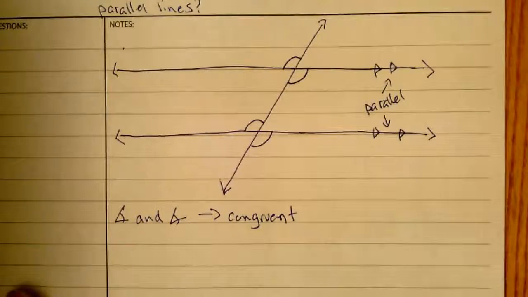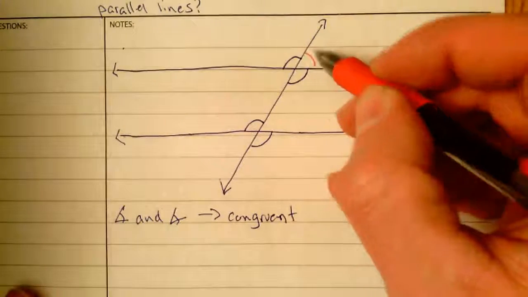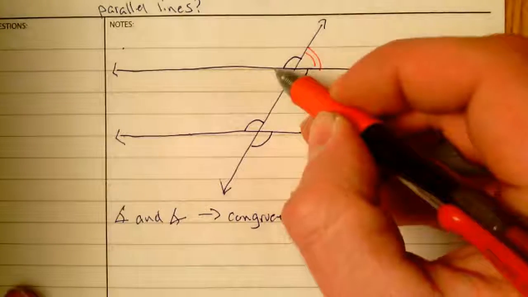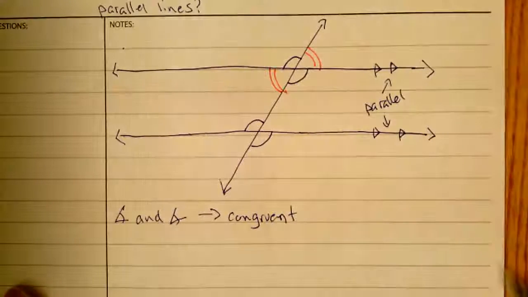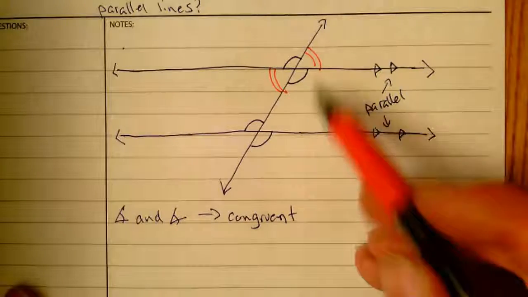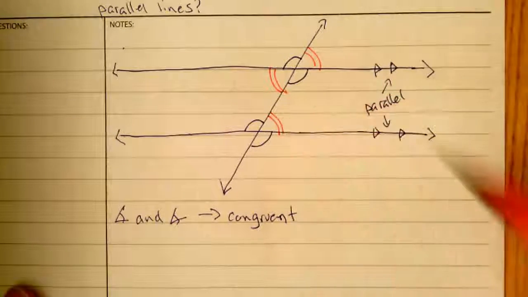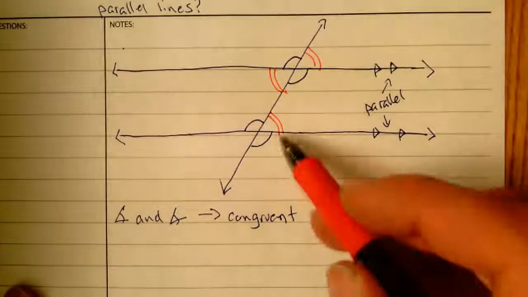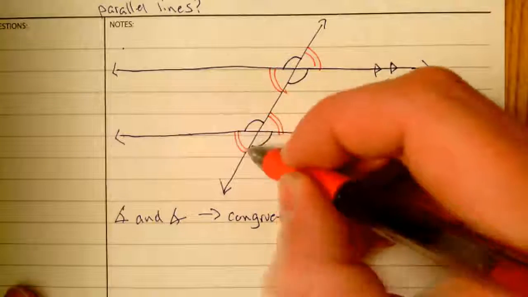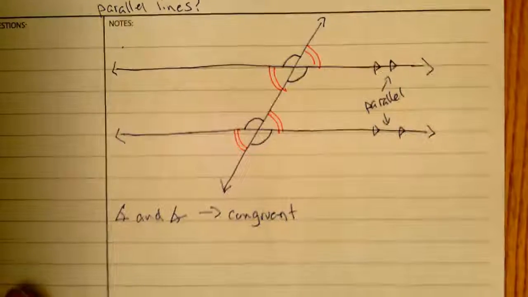On the other hand, we have these two angles, right? They're congruent because they're vertical angles. But this angle is also congruent to its corresponding angle. And its corresponding angle is congruent with the angle across from it because they're vertical angles.